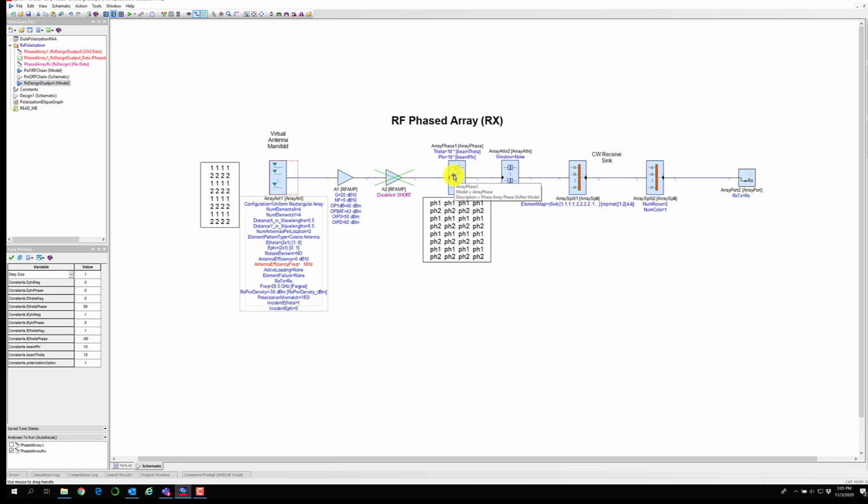It computes the phase shifts on the signal such that the beam is in the direction of E theta 10, E phi 10. So it computes 32 phase shifts and applies them to all the 32 inputs. One set of phase shifts, PH1, is applied to one type of polarization. The other, PH2, is applied to the other type of polarization.